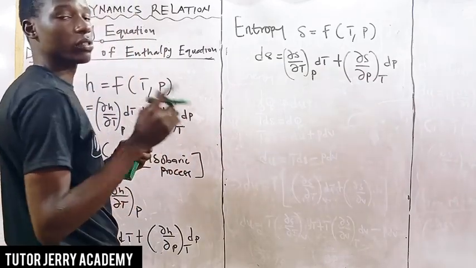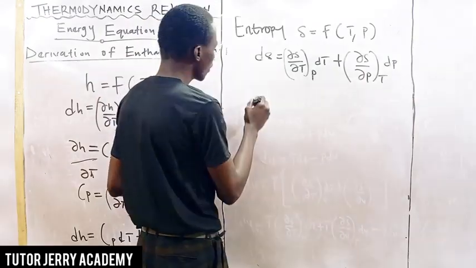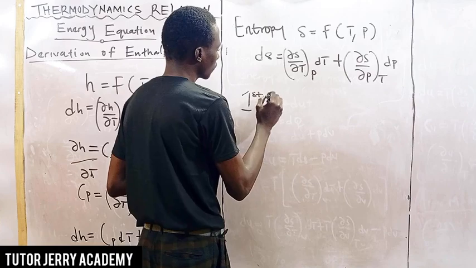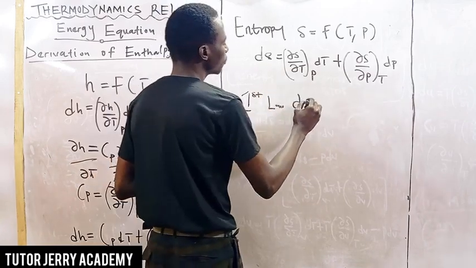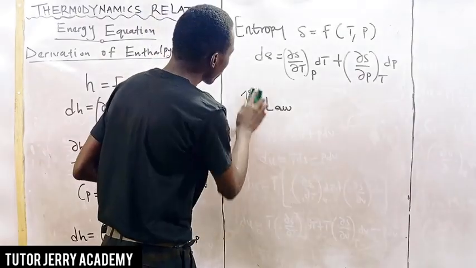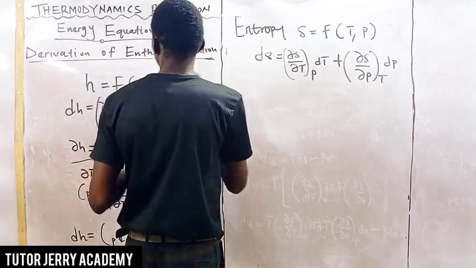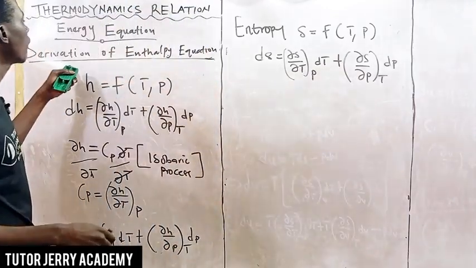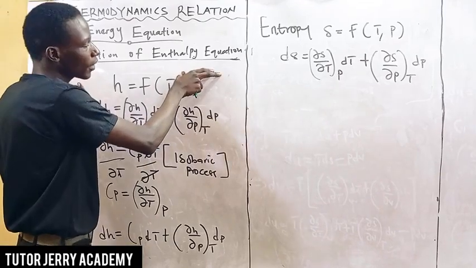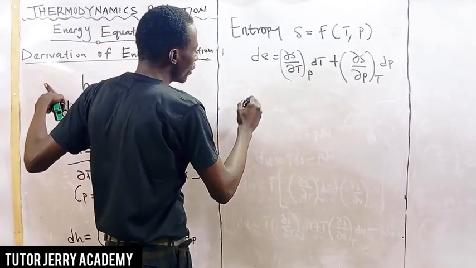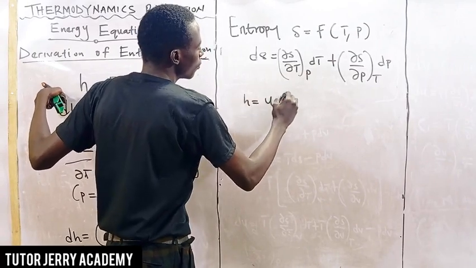Now, from our basic laws of thermodynamics, we know that enthalpy, because we are trying to derive an equation for enthalpy which will be used for thermodynamic analysis, H is equal to U plus PV.